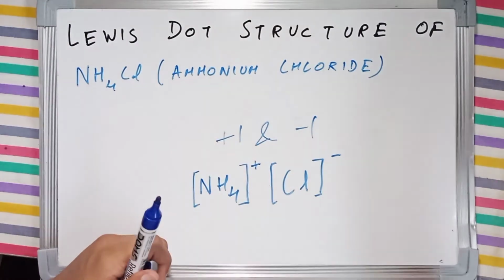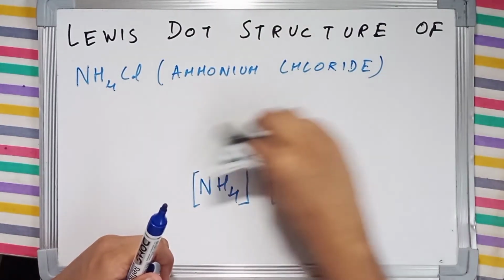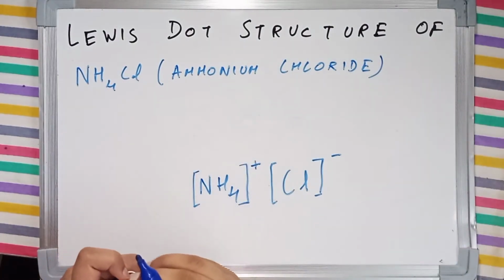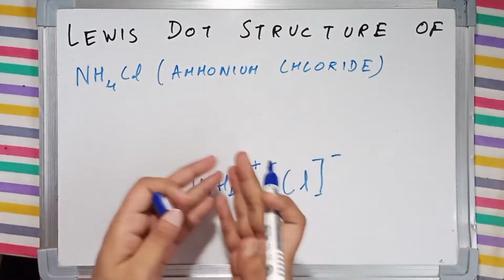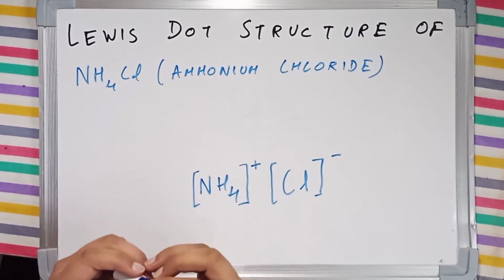Just like magnets, or if you have studied the chapter electrostatics, opposite charges attract each other, which is the case in NH4+ and Cl-.